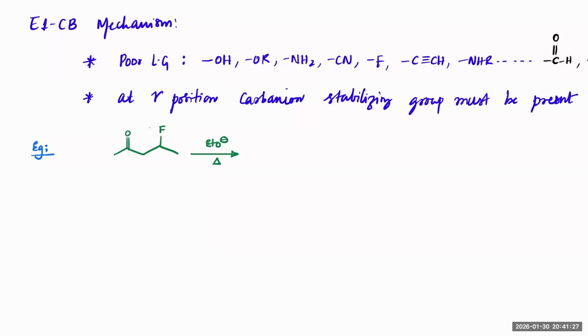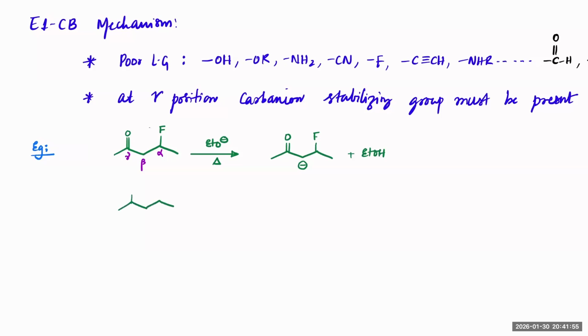So the first step is about extracting the proton from this beta position. You know that these are alpha, beta, and gamma positions. The first step is always extracting the proton from the beta position, and ethoxide will take the H plus this way.